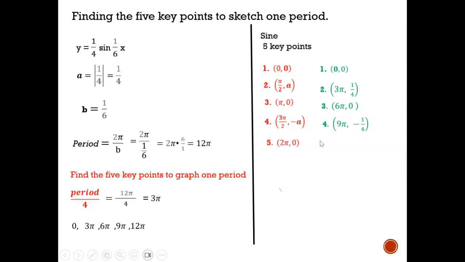And my last one is going to be 12 pi, 0. Again, these are the key points. The key points that we find by dividing the period by 4 are the x values. The y values will always be in this form: 0, amplitude, 0, negative amplitude, and 0. Okay, so please be aware of that. So these are my 5 key points.